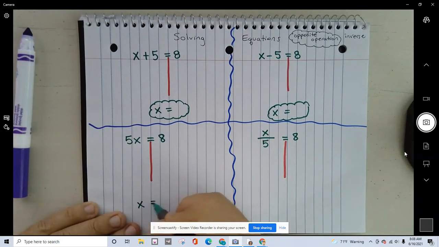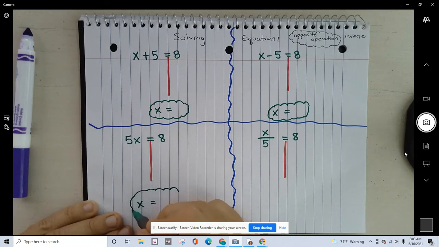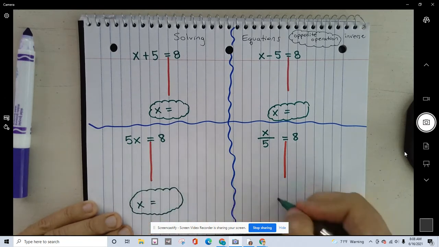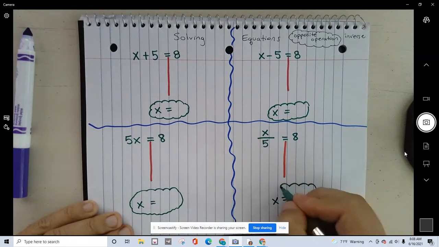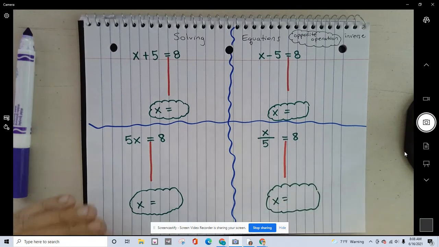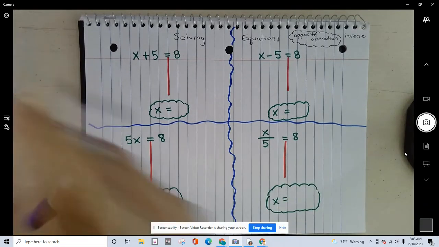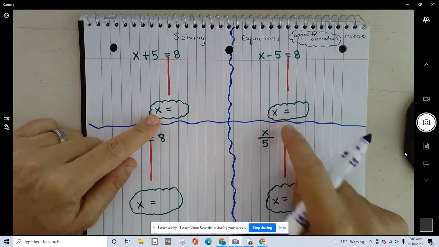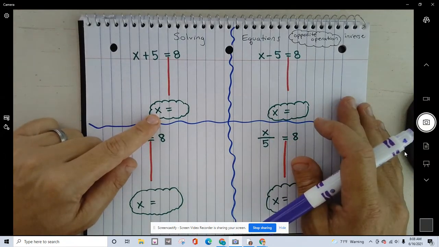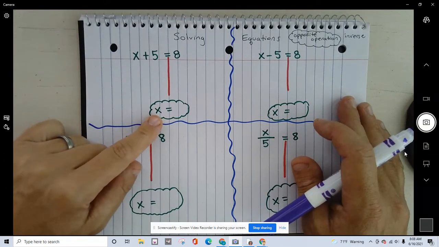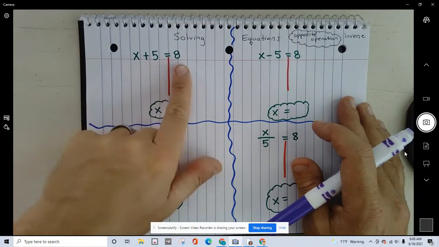I know I'm taking that analogy to another level. But yes, you want to get that x all on one side, and everything else has to leave. The x has to be alone. We call it isolating the variable. Isolation. It's all alone.